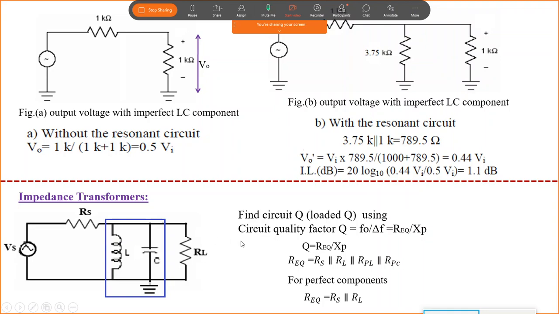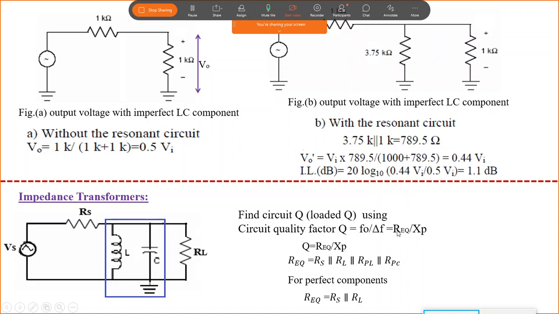In the previous class we saw the circuit quality factor, which is given by F naught divided by delta F, or also by Req divided by XP. Req is the parallel combination for the circuit quality factor. Do not confuse it with the quality factor of a component.